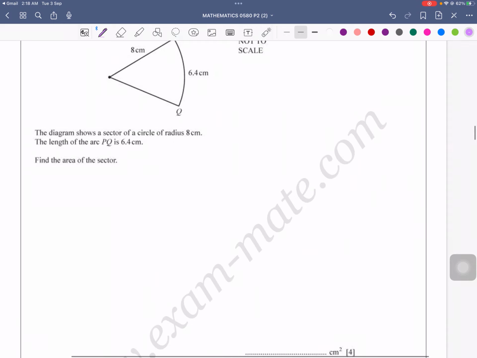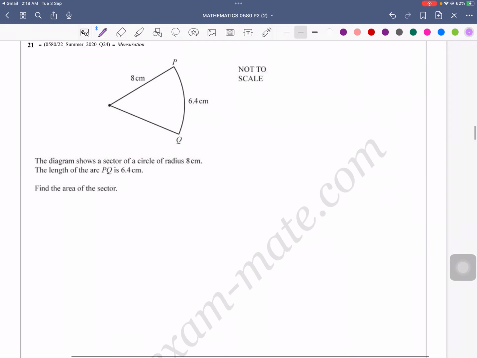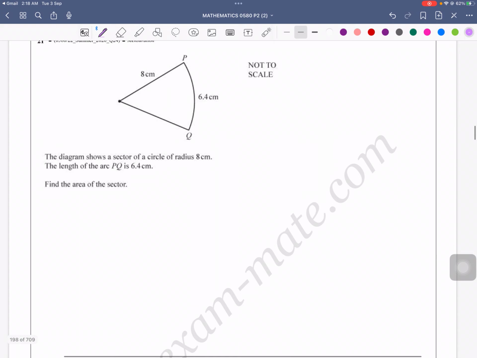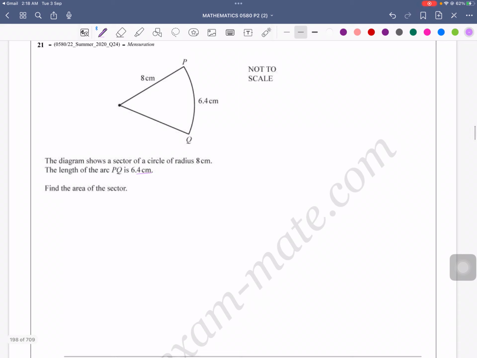Area of sector is found through... they've given us the area and the arc length, right? And they want us to find the area. For area we need something called theta, if we use this formula, but we can also use the formula 1/2 rs.